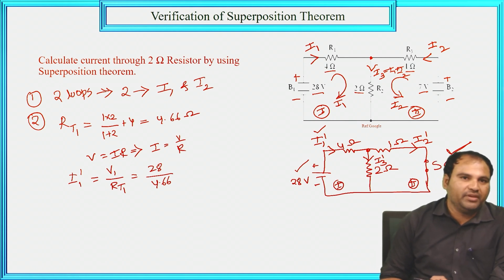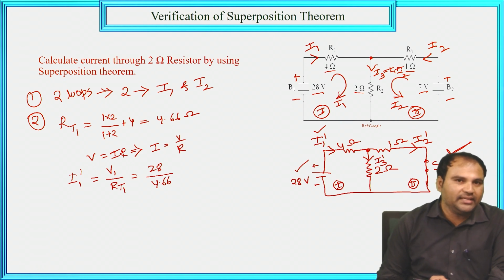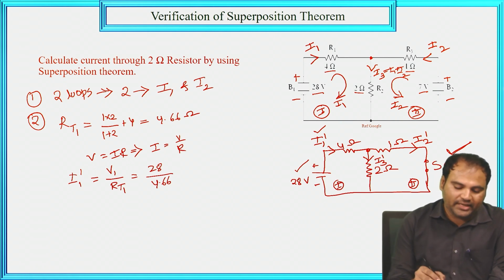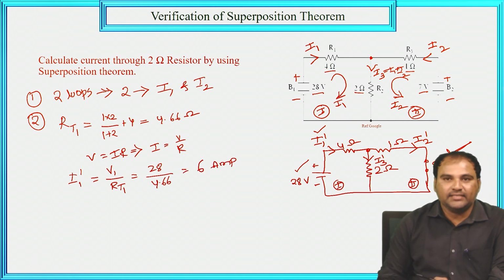I1 dash equals primary voltage V1 divided by RT1, that is 28 divided by 4.66. Here we get 6 amperes, that is I1 dash. Now similarly we need to find I2 dash as well as I3 dash.